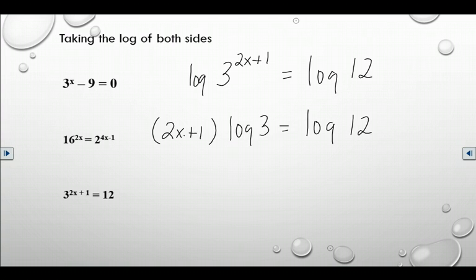Now, you can distribute to get rid of the parentheses, or you can divide. In this case, I would divide. You could still distribute that through here, or you could divide. And the last problem, I don't think it would have helped us. But I'm going to divide by what? Log of 3.